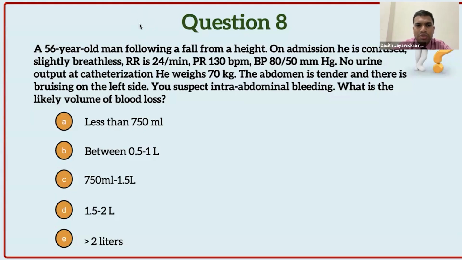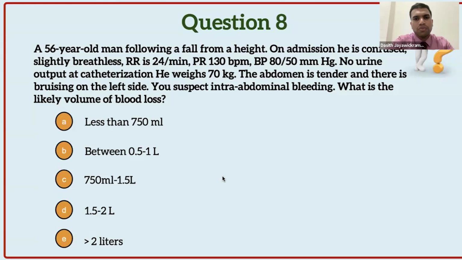Okay. So there's a significant tachycardia, and the systolic blood pressure is 80, so it's very low, and the pulse pressure is 30. The pulse pressure is normal, but significant tachycardia, and there's no urine output, and the patient is confused, and he weighs around 70 kg.